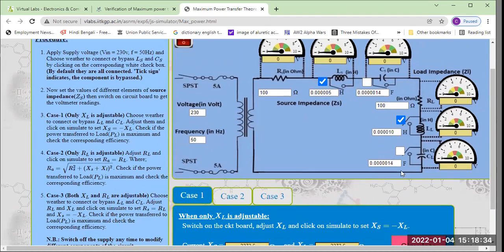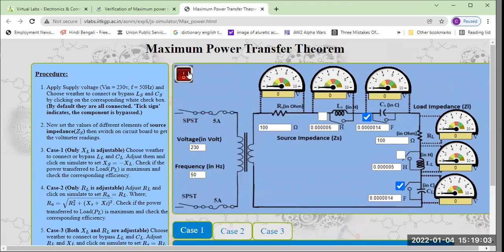Again, if we go for the capacitor value, look, it was 10, so you make it 5 again. Okay, now here the capacitor is there and we are bypassing the inductor. Look, this is 14, this is 14, inductor bypassed for both cases, source and load.